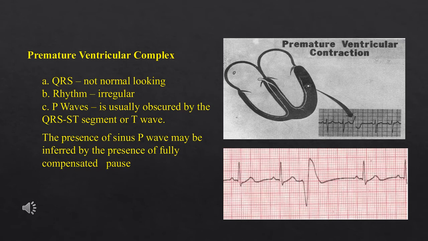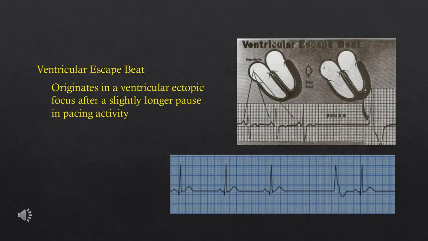Premature ventricular complex is characterized by a not normal-looking QRS, an irregular rhythm, and the P wave is usually obscured by the QRS, ST segment, or T wave. Ventricular escape beats originate in a ventricular ectopic focus after a slightly longer pause in pacing activity.